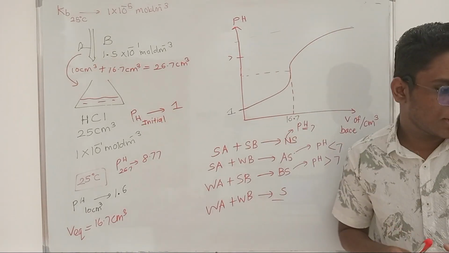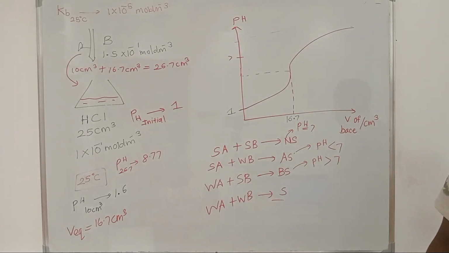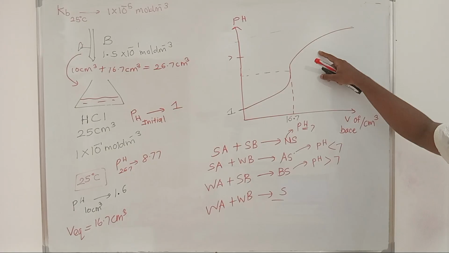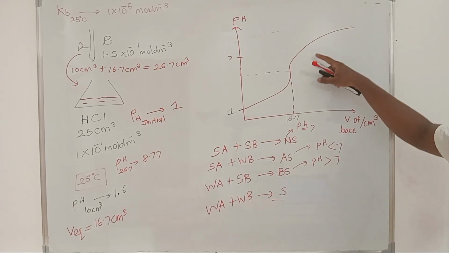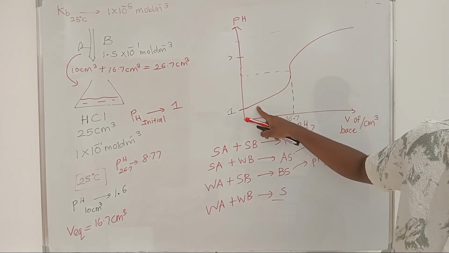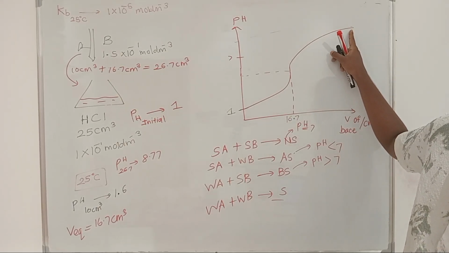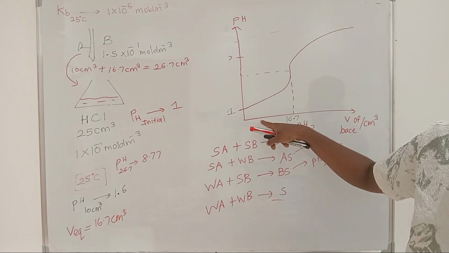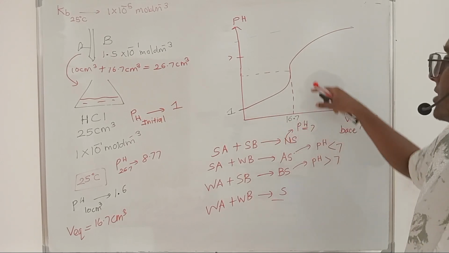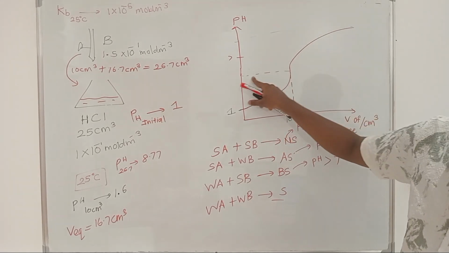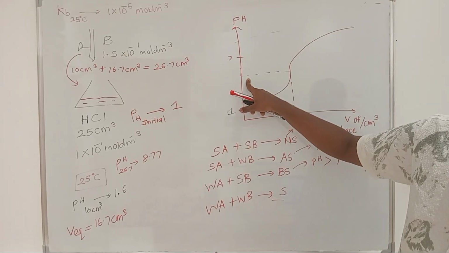So what are they expecting? I'll tell you. The curve must start at pH 1. It must reach around pH 9, and it must have the correct shape. And the steep pH change at the equivalence point must be between pH 5 and 7.